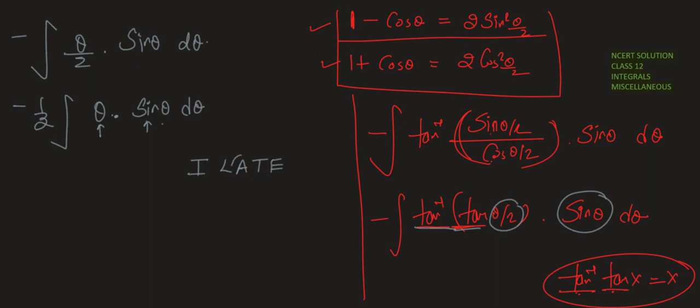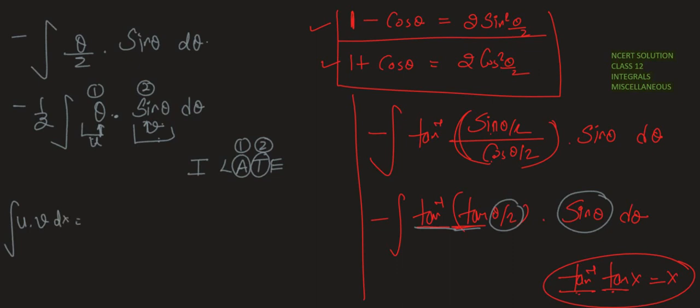A is for algebra, T is for trig. So algebra will be first and trig will be second. So can I say this is u and this is v?